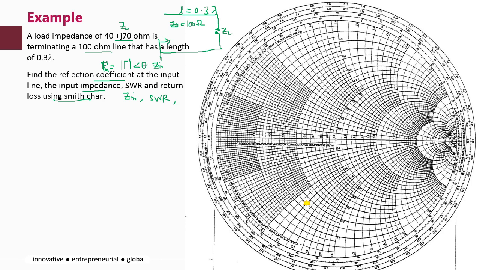So again, basic step, find the normalized ZL. You have 40 plus j70 divided by Z0.